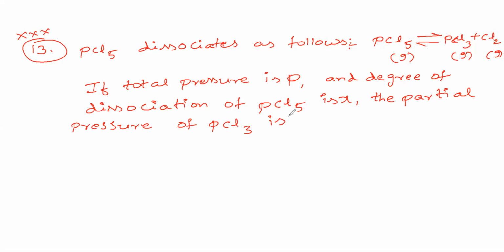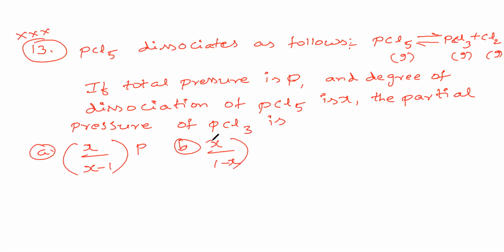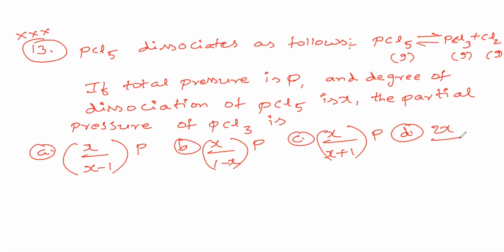Option A: X by X minus 1 into P. Second option: X by 1 minus X into P. Third option: X by X plus 1 into P. And fourth option: 2X by 1 minus X into P.